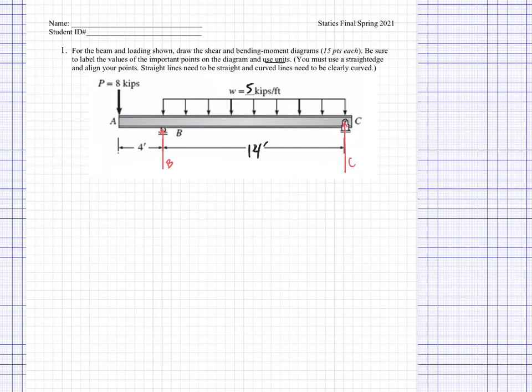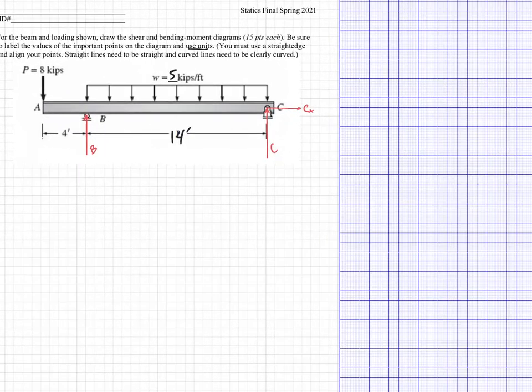There's a CX here too, because this is a, what do you call that? It's a pin, right? But we're not going to worry too much about CX. Hold on, I'm going to add some background here. All right, so CX should kind of take care of itself, because we're going to do the sum of the forces in the x direction equals 0.